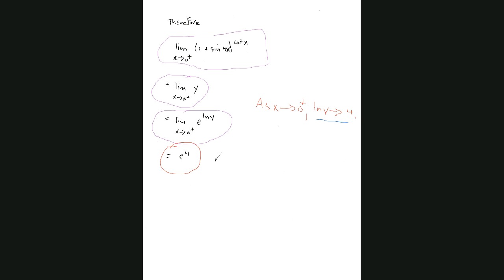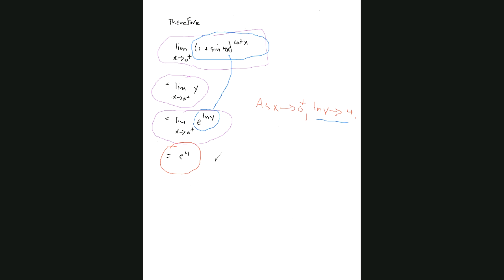Well, we wanted the 1 plus the sine of 4x raised to the cotangent of x power. By virtue of the fact that we let y be equal to 1 plus the sine of 4x to the cotangent x power, that means that 1 plus the sine of 4x raised to the cotangent of x power is the same as e to the log of y, right?